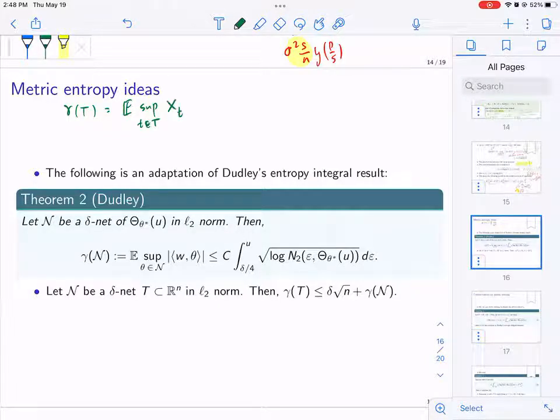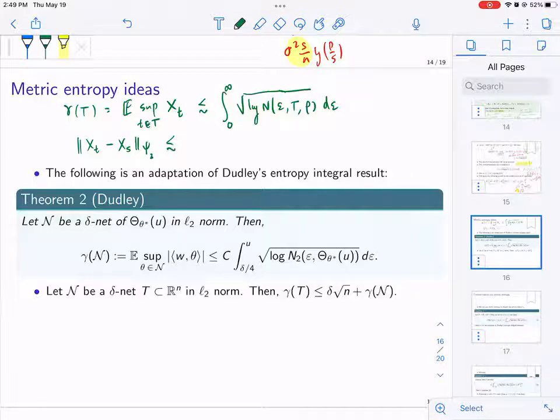So if X_t is a Gaussian process or a sub-Gaussian process, then this is, up to constants, bounded by the integral from 0 to infinity of root log N(epsilon, T, rho), where rho is the so-called metric of the process. X is a sub-Gaussian process if the increments are sub-Gaussian.